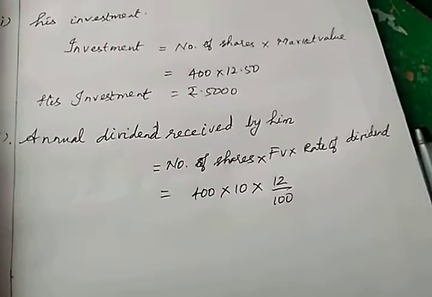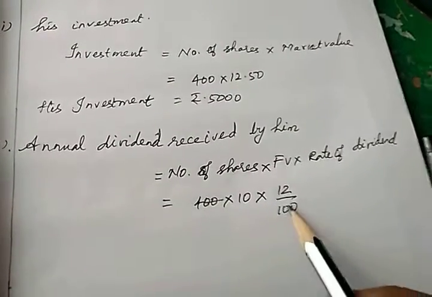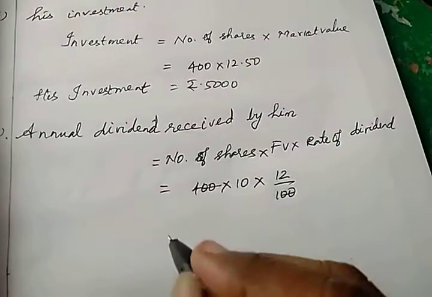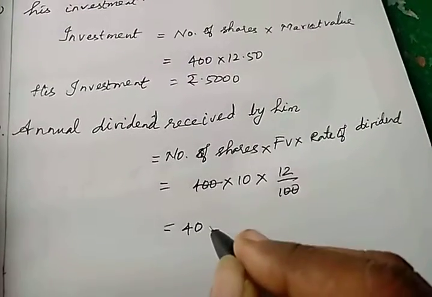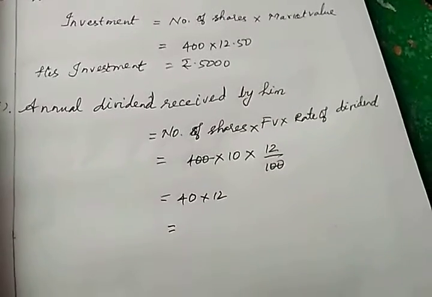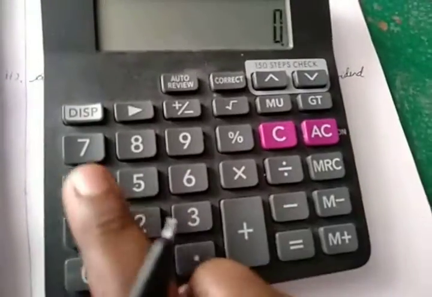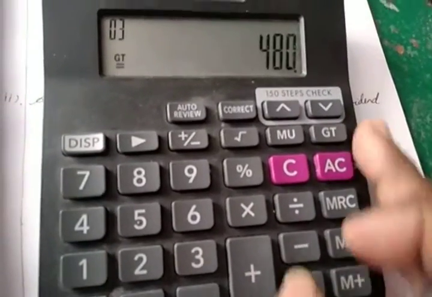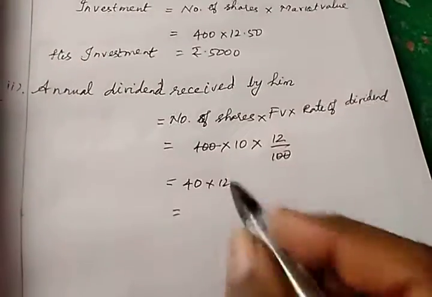Now cancel the zeros. The remaining will be 40 into 10, 4 tens are 40, into 12. So 40 into 12 is 480.